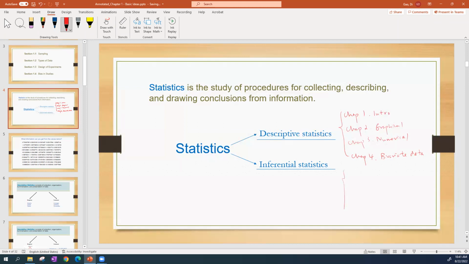And then for inferential statistics, we have chapter 8, confidence interval. We have chapter 9, hypothesis testing.